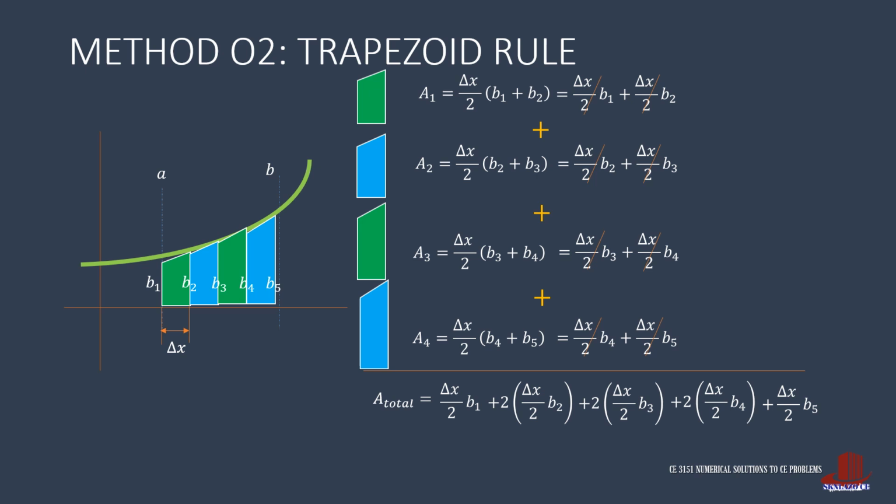Since delta x over 2 is common to all terms, extract it out and simplify the function for the total area as delta x over 2 times B1 plus 2 times B2 plus twice B3, twice B4, and end it with B5.